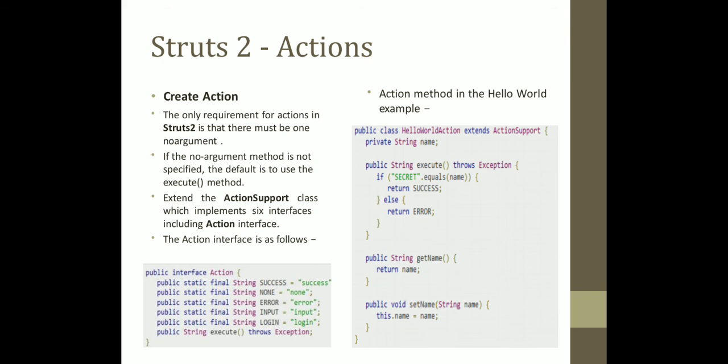Okay, so this is about creating the action in Struts2 with the action class. Things to remember here: there should be one no-argument method, and the default method to use is the execute method.